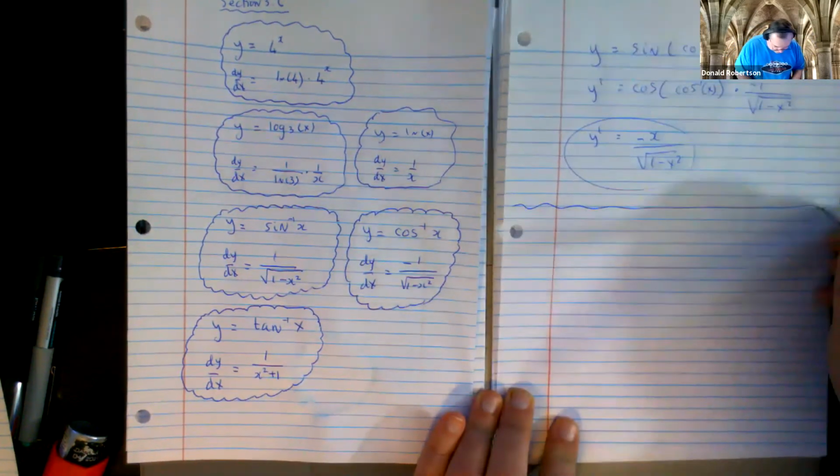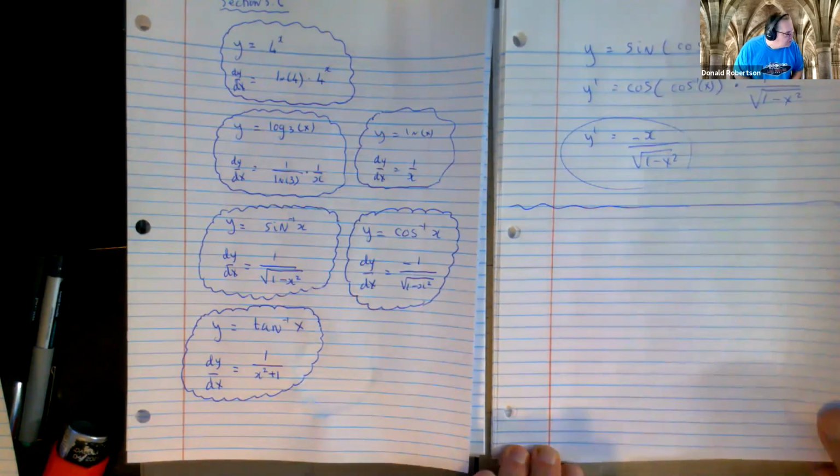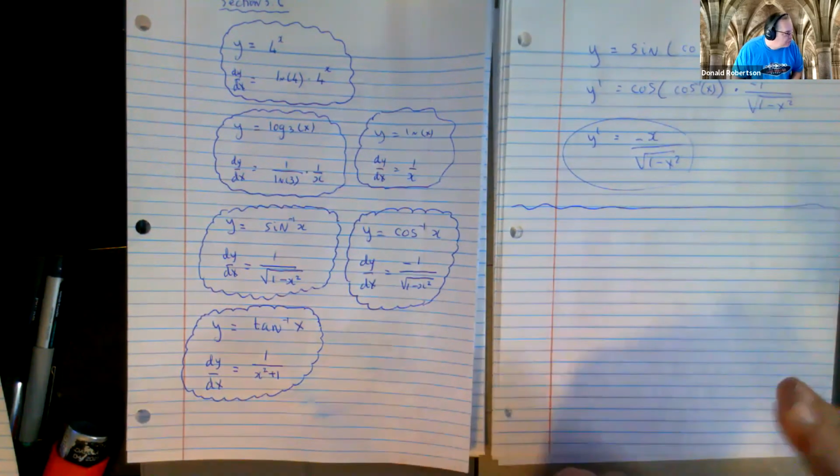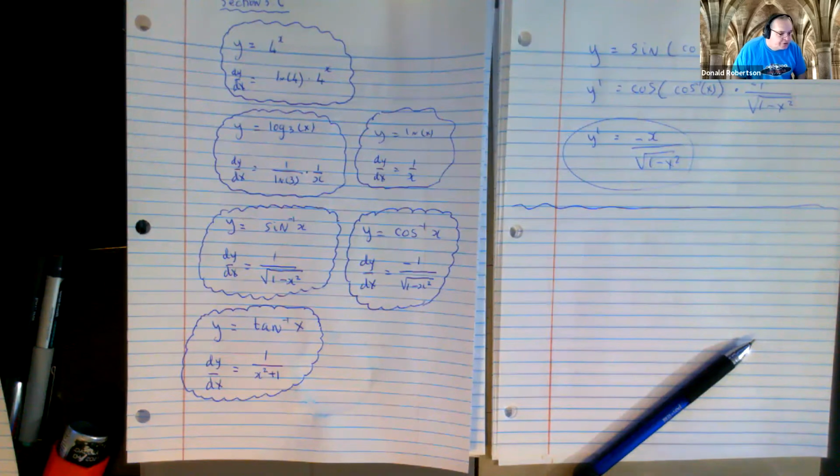So that was a product rule, a quotient rule, and a chain rule. But they were relatively nice ones, right? There wasn't too much going on. So I'm now going to do a product, a quotient, and a chain rule, but they're going to be much uglier.